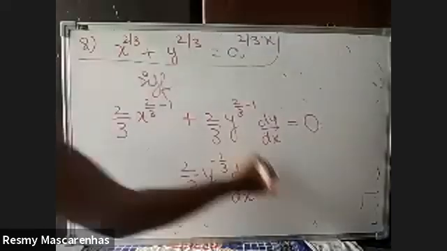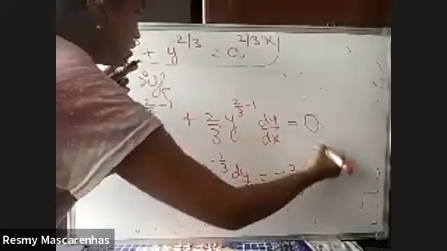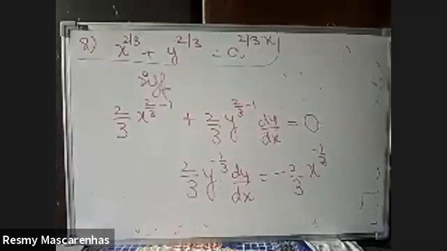This term I'm taking on the other side. So you will get it like this. And now 2 by 3 will cancel on both sides.